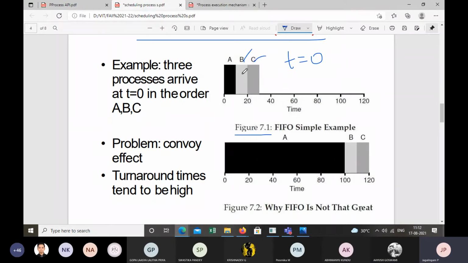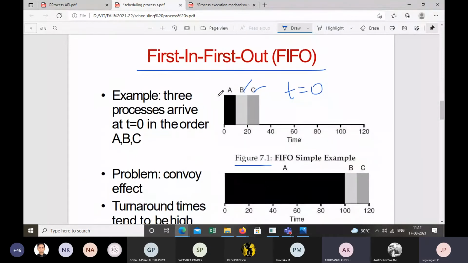How did this scheduling happen? Time sharing based on the priority. Not priority. What is the name of this policy? First in, first out. What do you mean by this? The first process which entered will be removed first. The process which comes first to the system will be executed.